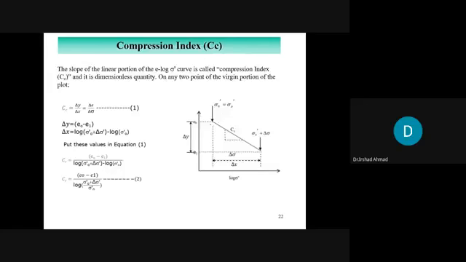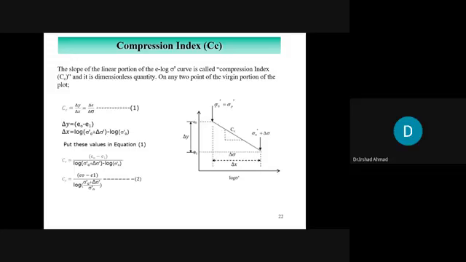You know we have to find this slope. This is the slope of the Cc. This is a normally consolidated clay. Sigma naught prime equal to sigma p prime. This is a virgin curve. This is slope Cc, right? We want to find this Cc.